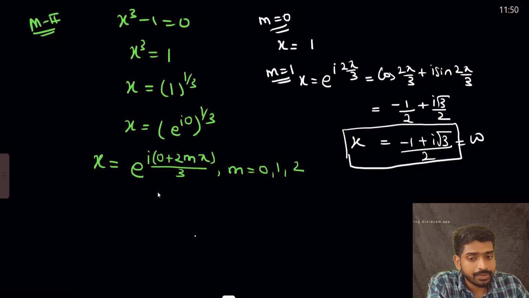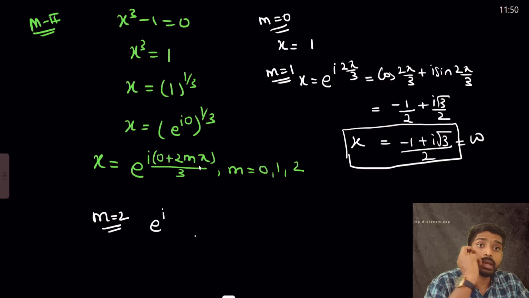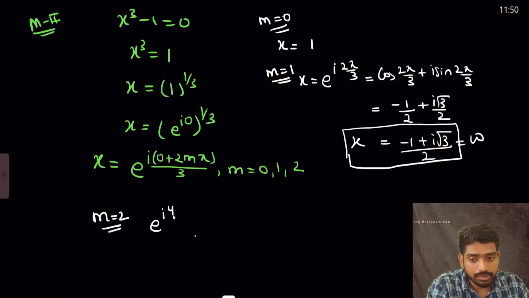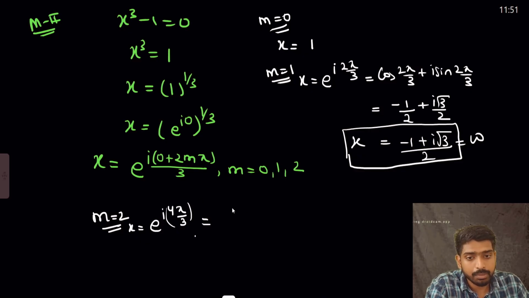Now next, we'll keep m value as 2. We'll get e to the power iota, 2 into 2, 4 pi by 3. 4 pi by 3 is how many degrees? 4 into 60 degree, so 240 degree. Got it? 240 degree means in the third quadrant, where both cos and sine are negative.